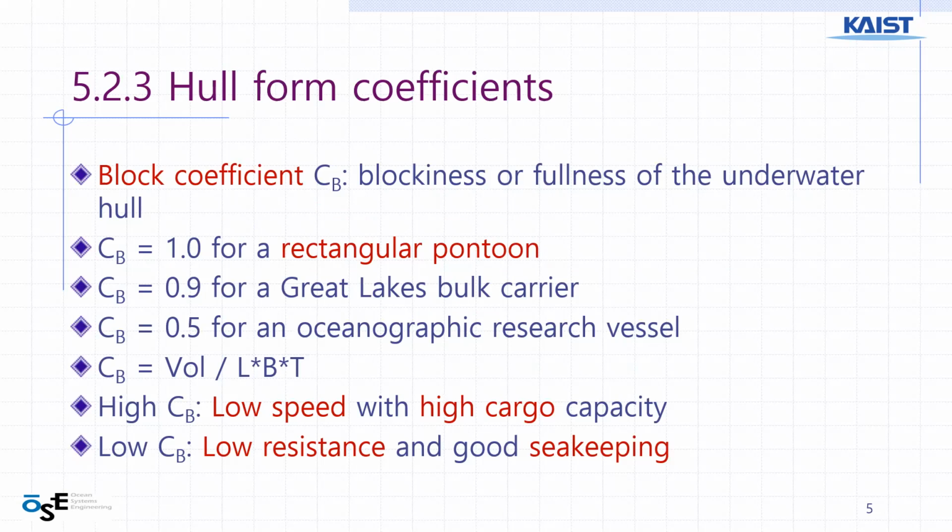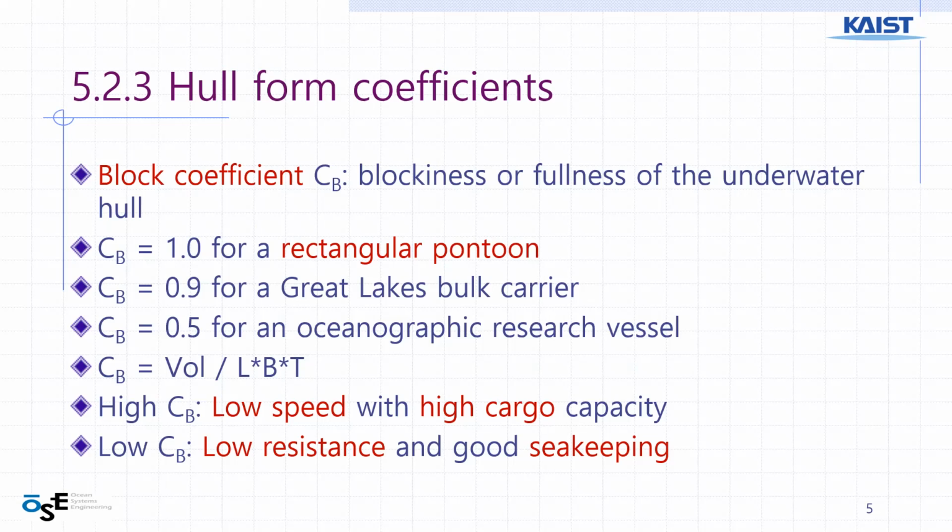So there are several coefficients to represent whole form shape. And the most important one is CB. CB we call the block coefficient. Block is a box, right? So how full of a box the shape of the ship is, similar to a block.